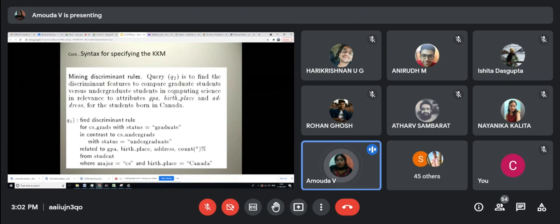Classes are nothing but two objects. So find the discriminate rule for CS graduates. CS graduates with the status graduate: we are mentioning that wherever it is graduate, you pick up the students, in contrast to CS undergraduates with the status undergraduate. In your table, there are entries for graduate and undergraduate. I need only graduate and undergraduate related to these three attributes.